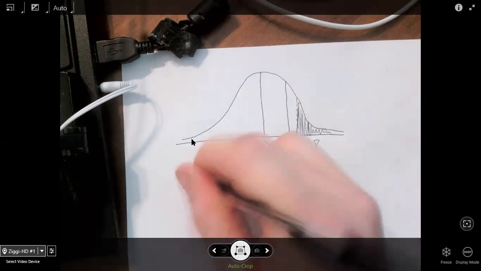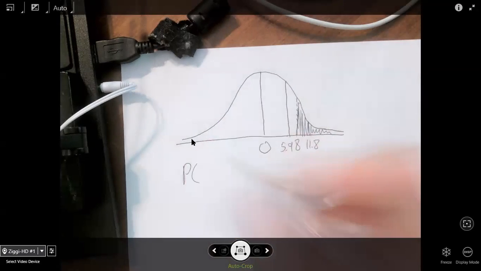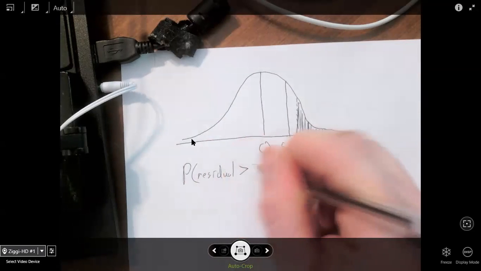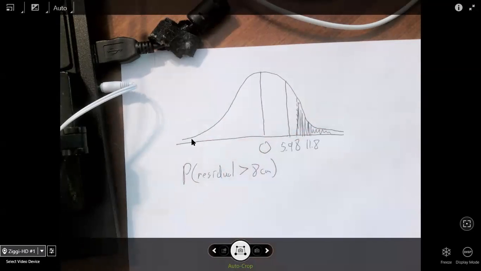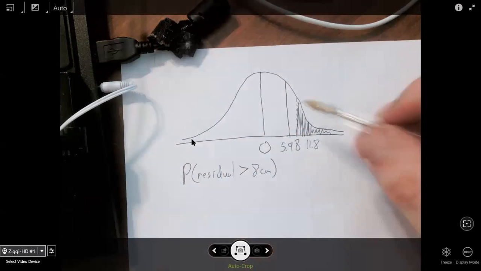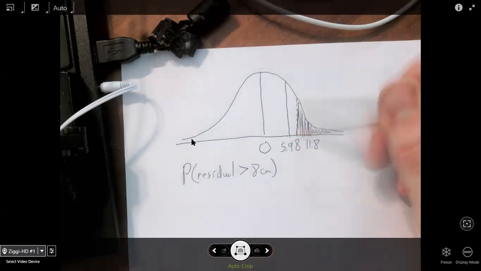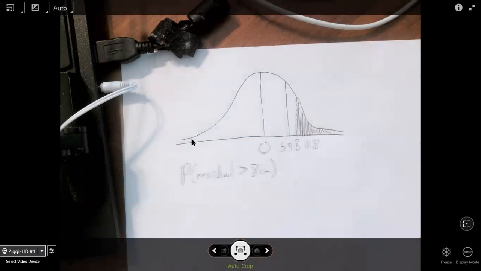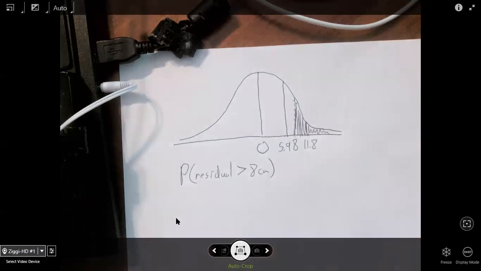So we basically want to find the probability that our residual is greater than 8 centimeters. What do we call the variable that tells us how many standard deviations above the mean we are? One of the most important formulas that we want to have tucked away.